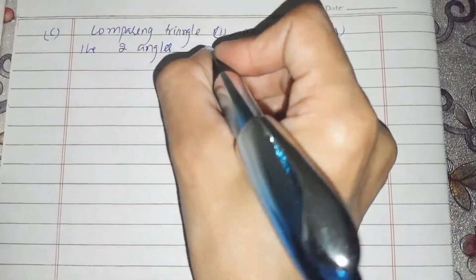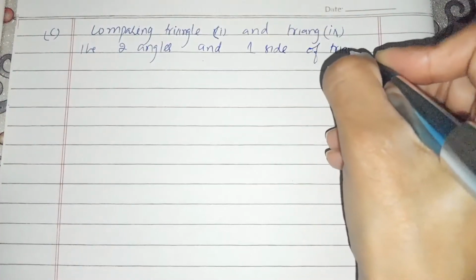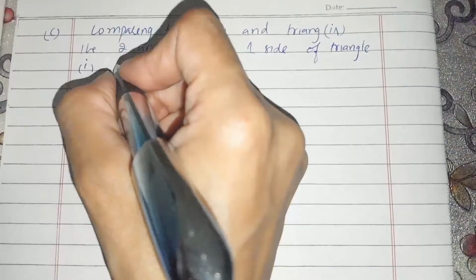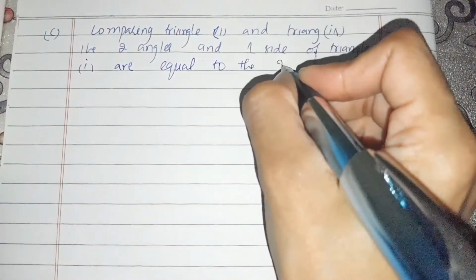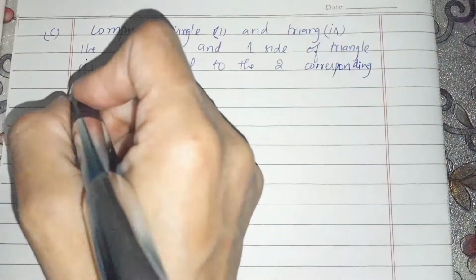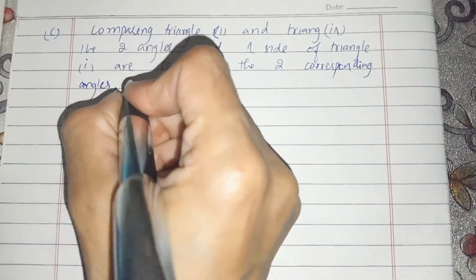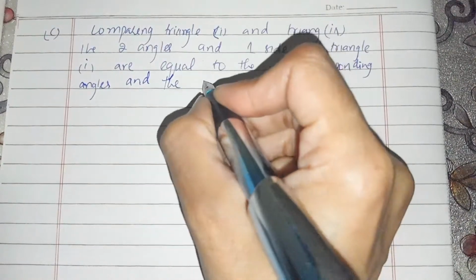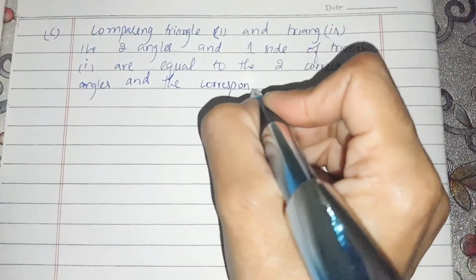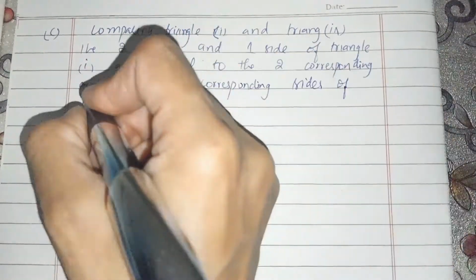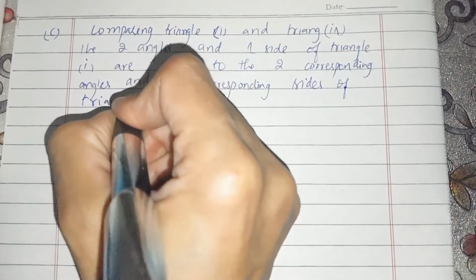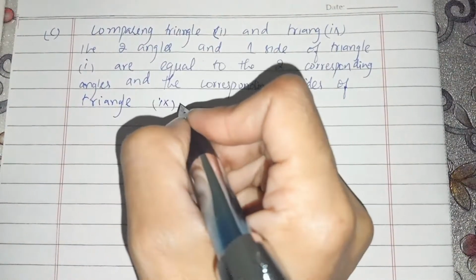The two angles and one side of triangle 1 are equal to the two corresponding angles and the corresponding sides of triangle 9.